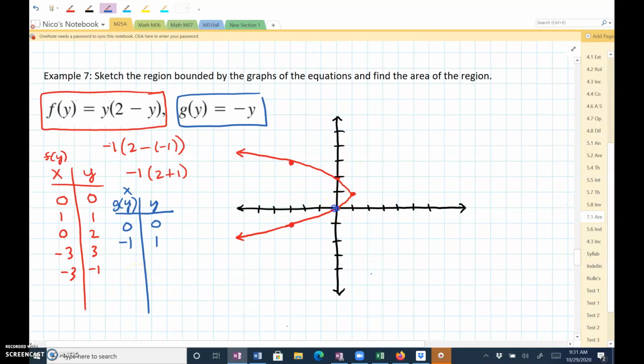So 0, 0, negative 1, 1, so we can see it looks like this. So the shaded region is in here.